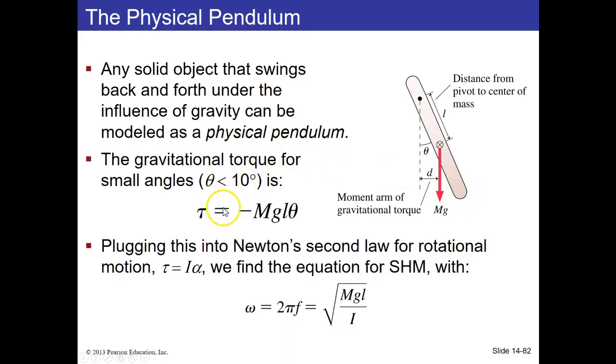So gravitational torque here, for small angles, we can say is just negative mgl times the angle, instead of using the sine of the angle, since we're using small angle approximation. So if we plug this into Newton's second law for rotational motion, torque is equal to I times alpha, we find the equation for simple harmonic motion for a physical pendulum, and that's going to be the square root of mgl all over I, where I is the moment of inertia.